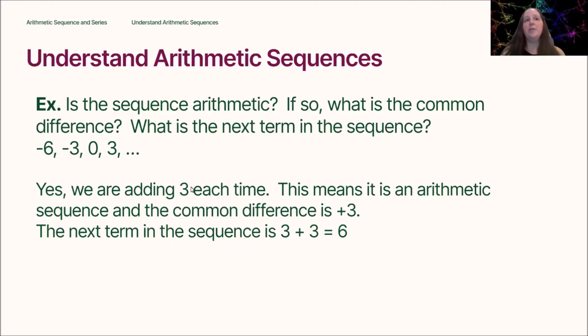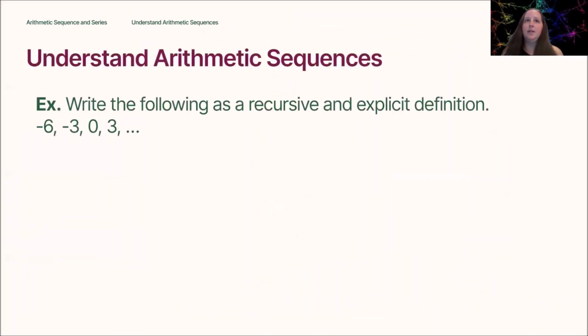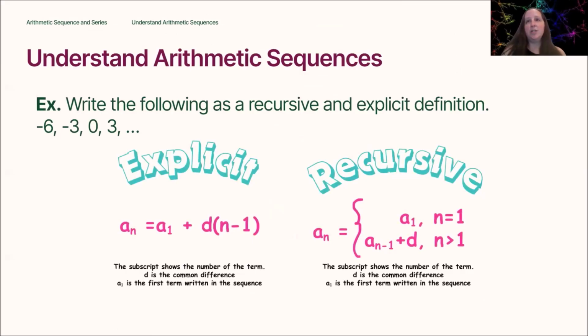Okay, so then in order to figure out the next term in the sequence, I take the last term that I have, which was 3, and I add 3 to it, which gives me 6. Okay. Write the following as a recursive and explicit definition. Okay, so an explicit definition is where I take a sub n, which equals a sub 1, my first term in my sequence, plus d, my common difference, times n minus 1.